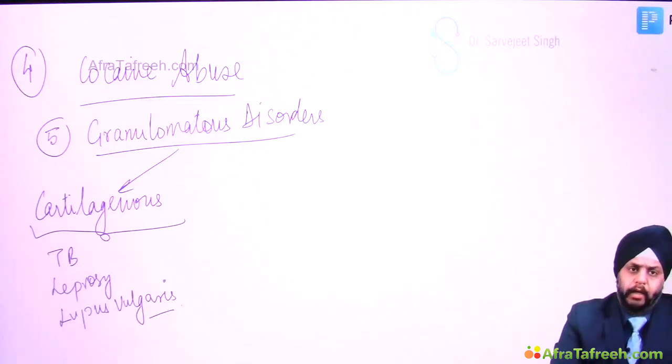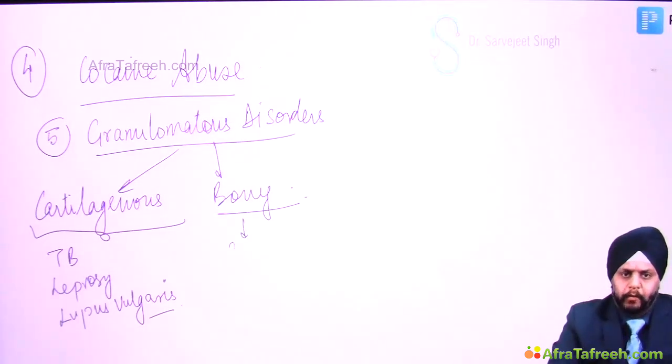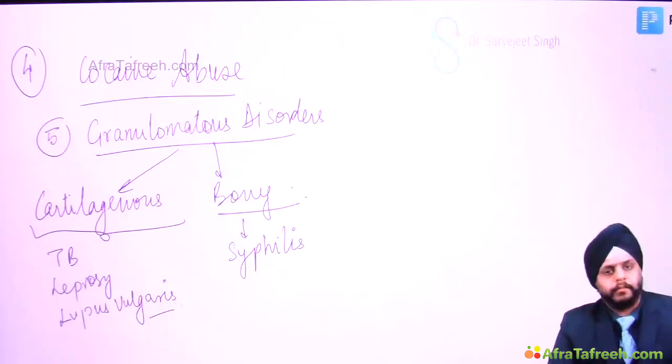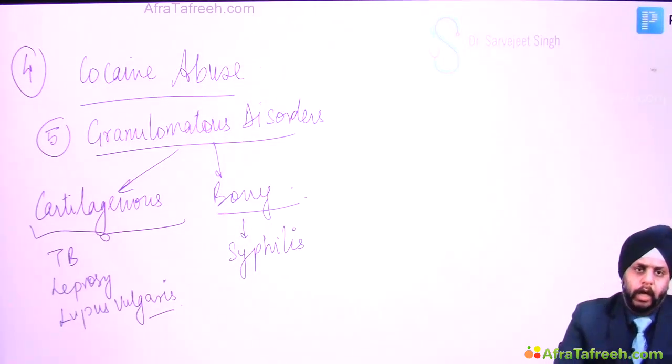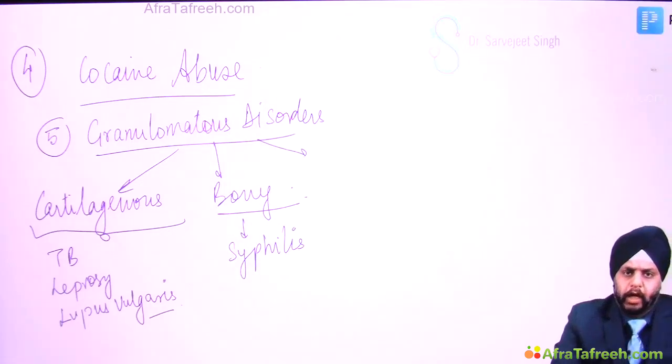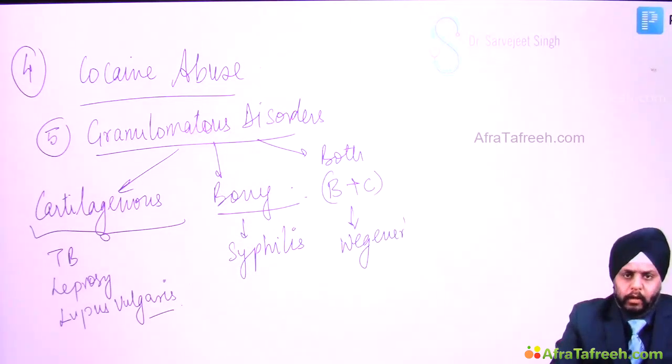Then other than cartilaginous, we have bony septal perforation. Bony septal perforation is caused by syphilis, right? And number 3, we can have both bony as well as cartilaginous septal perforation, and this is caused by Wegener's granulomatosis.